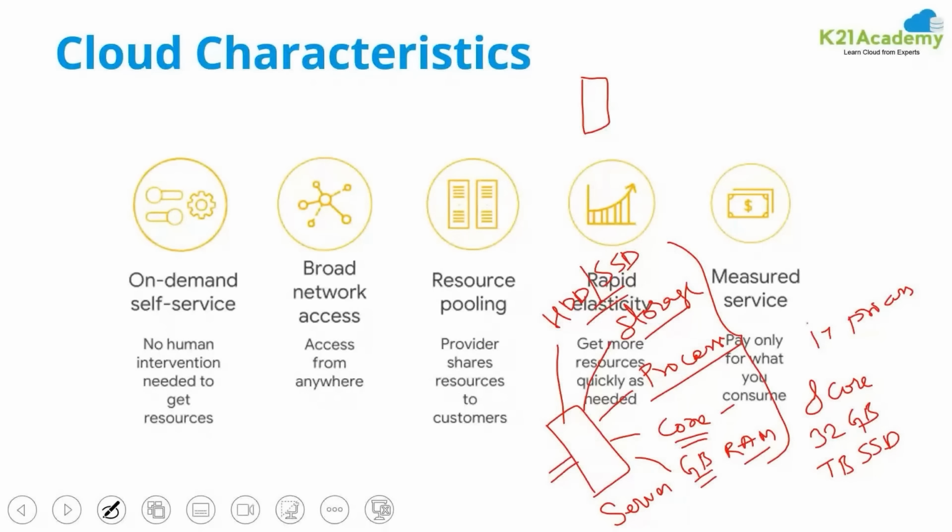So suppose I'm having an i7 processor, and once you have procured the server, you realized that these 8 cores are very small for you. It's not sufficient for your requirement. What will you do now? The shopkeeper from where you have bought the server is not going to take it back.